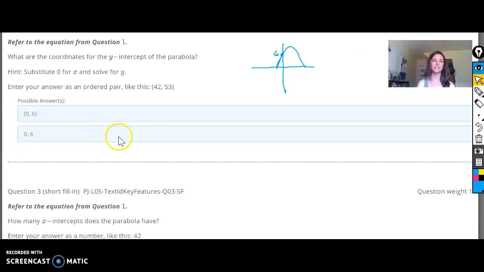So the coordinates then would be x is 0 and y is 6, and you would write those coordinates inside a set of parentheses like (0, 6). And I think they have a space there, so maybe they did 0, space 6. Just be careful how you enter those. And if the computer marks you wrong on that, just notify me. Not a big deal.